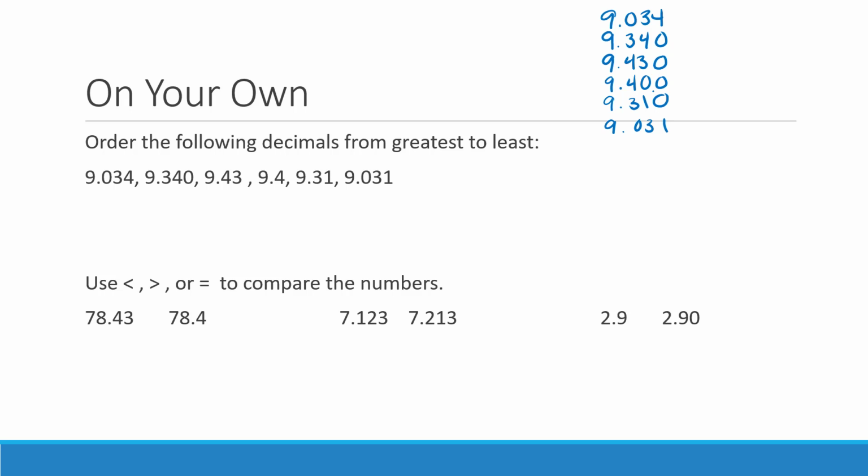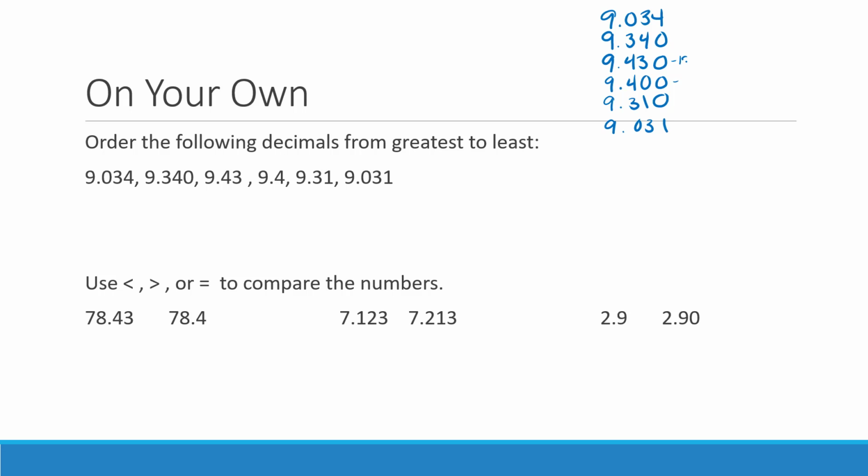Now keep in mind this is greatest to least. So I'm going to scan. They all have a 9 to begin with, so there's a tie there. I'm going to scan down the row in my tenths place. Now notice these two numbers here both have a 4 in the tenths place. So automatically there's a tie there for greatest. So next I'm going to move over to the hundredths place. This one has a 3 and this one has a 0.